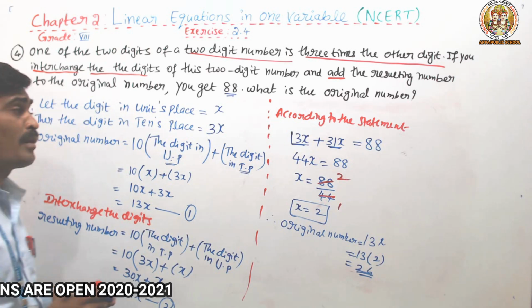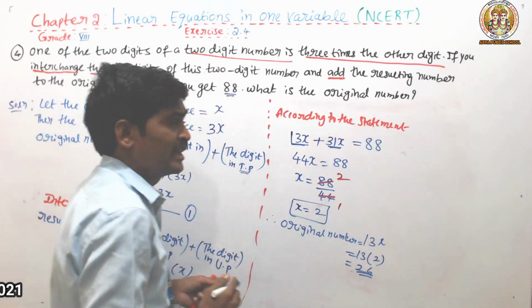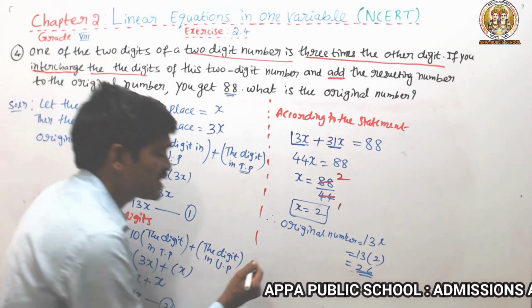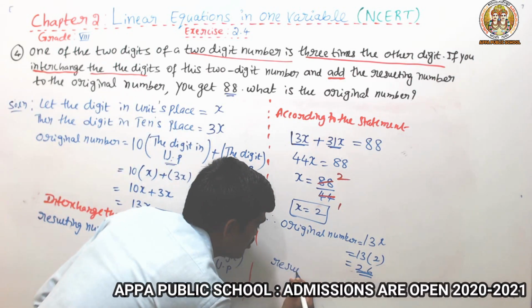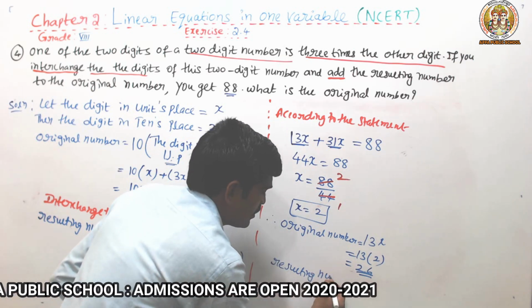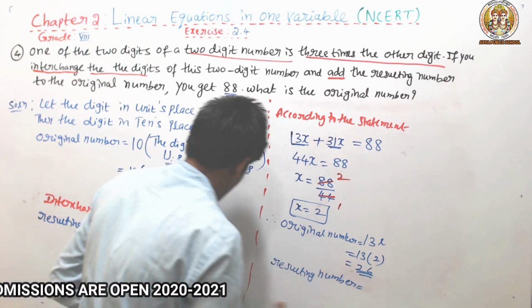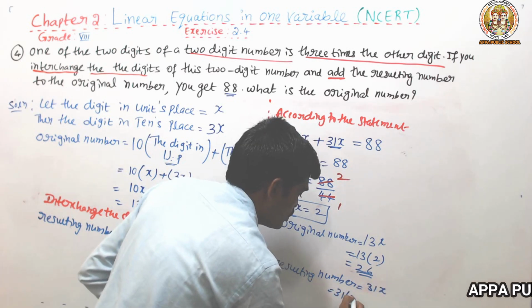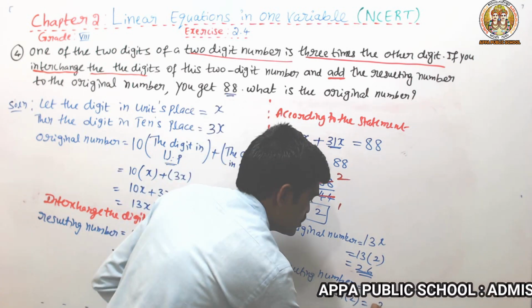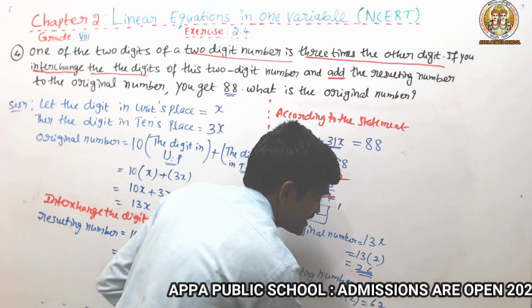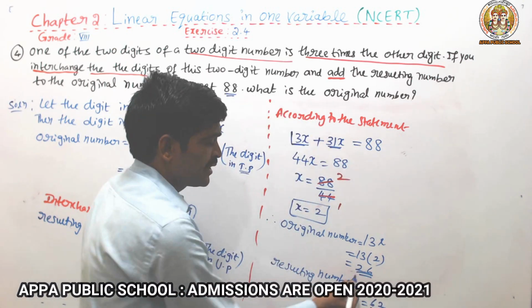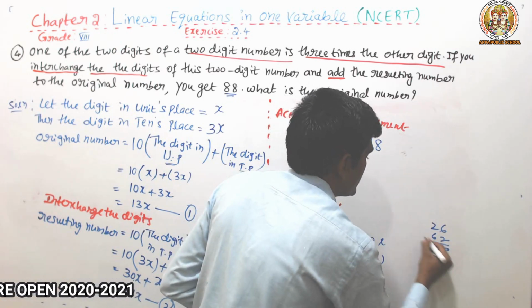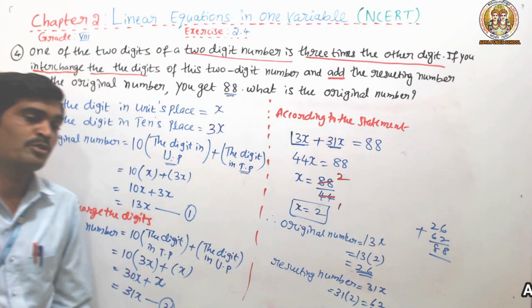Suppose in the exam they ask for the resulting number, you have to substitute the value of x in 31x. So 31 into 2, 2 ones are 2, 2 threes are 6, 62. Interchange of 26 is 62. If you add 26 plus 62, check it, you will get 88. Understood my dear friends?